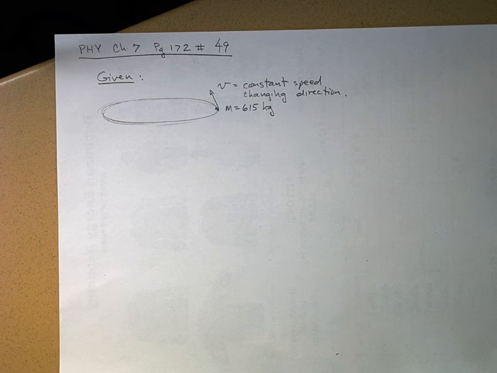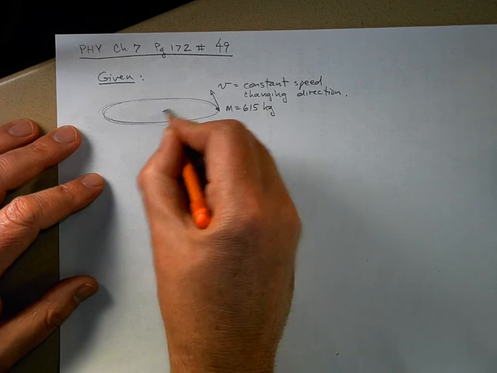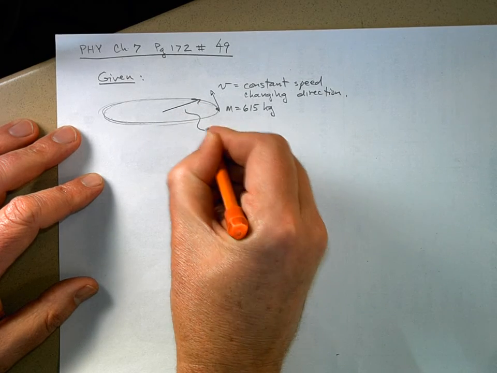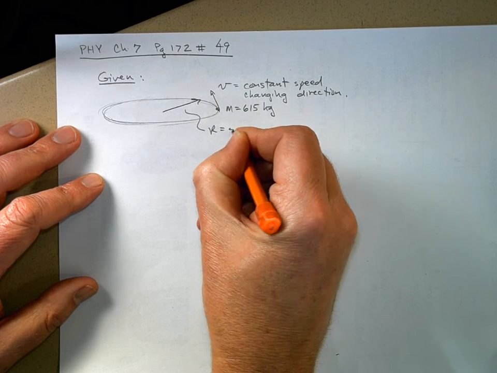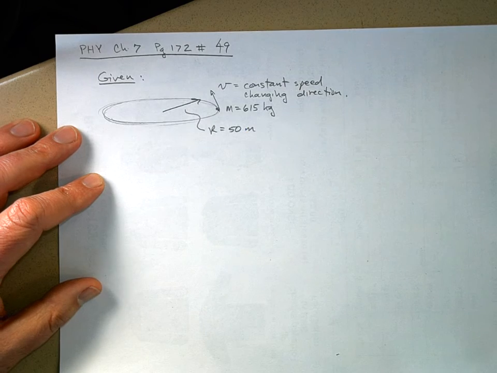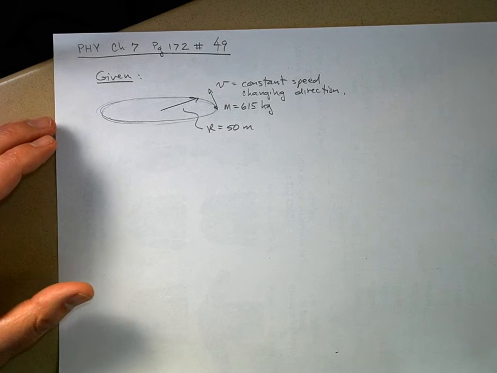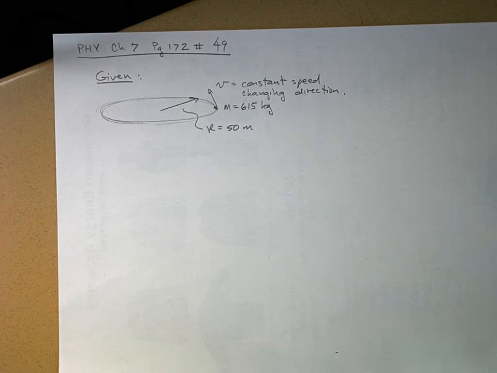It's driving in a circle at a constant speed. And the radius is 50 meters. So we'll just say R equals 50 meters. And you can use capital R, lowercase r, whatever you want. And what are we trying to find?